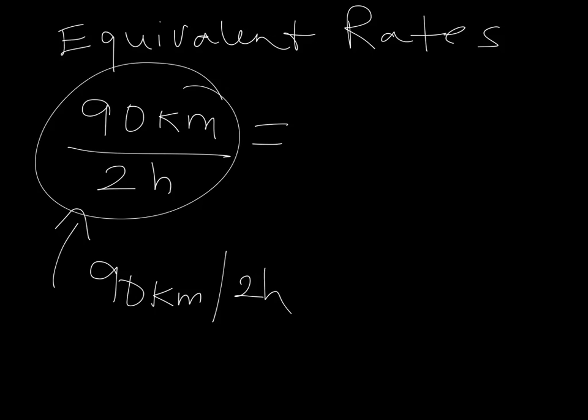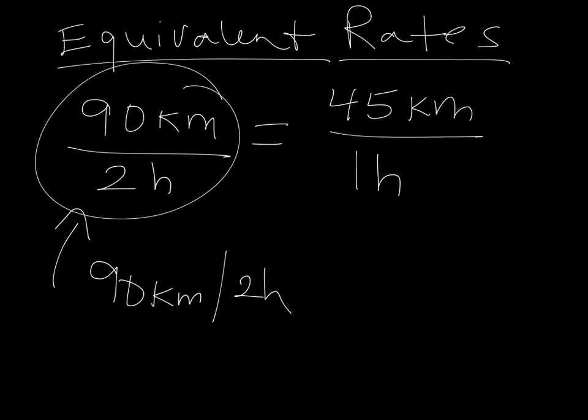So an equivalent rate would be something like 90 kilometers in 2 hours is also equal to 45 kilometers an hour, or 1 hour. So again, you're traveling the same distance, but we've just made it equivalent, and it works just like equivalent ratios that I did yesterday.